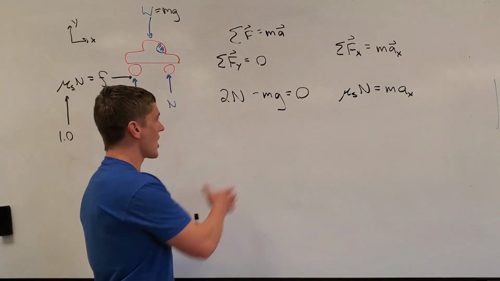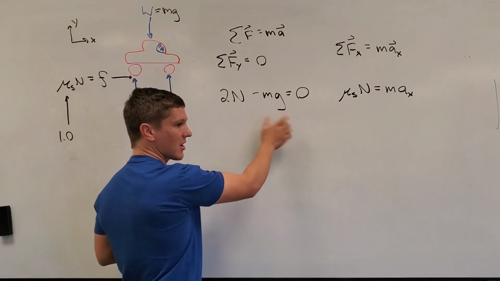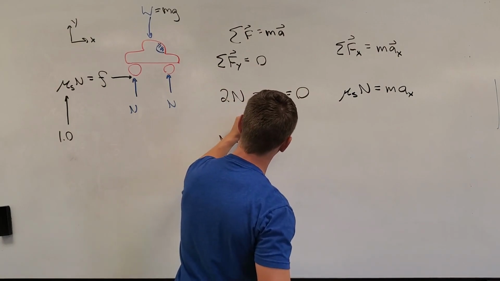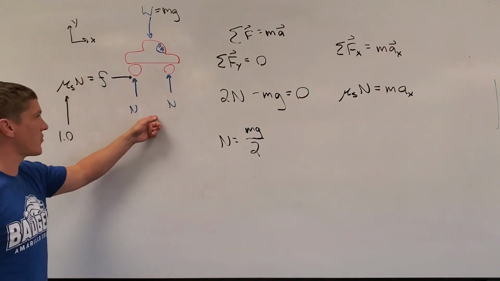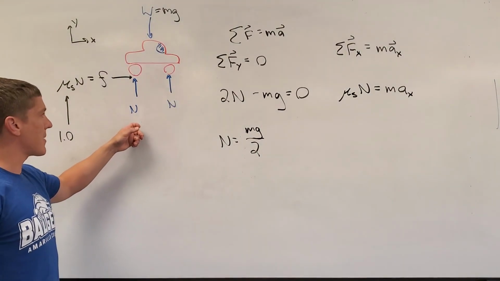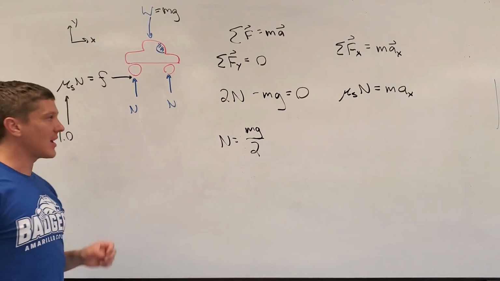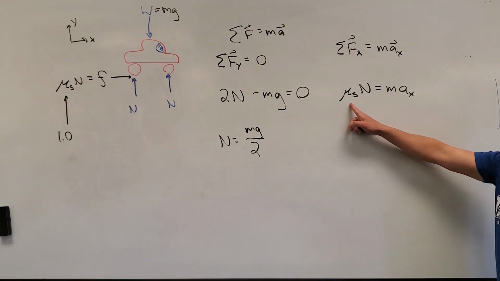And in fact, it does. I can move this mass times gravity over to the other side of the equation and then divide both sides by 2. And I get that my normal force is equal to mg over 2, which makes sense, right? We're saying the car has a 50-50 weight balance, so that means that each tire is supporting half of the weight. So I'm going to start plugging in my known values.